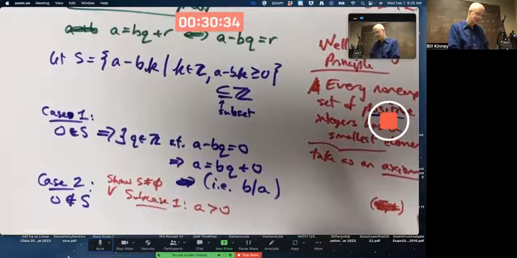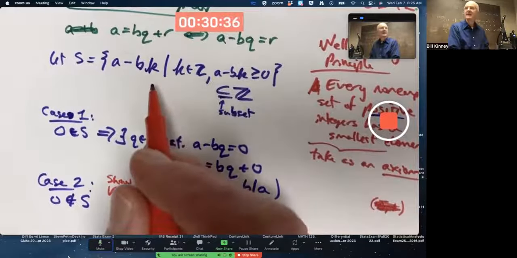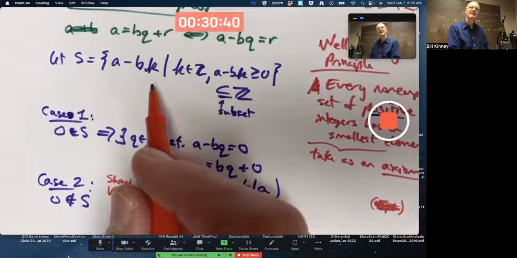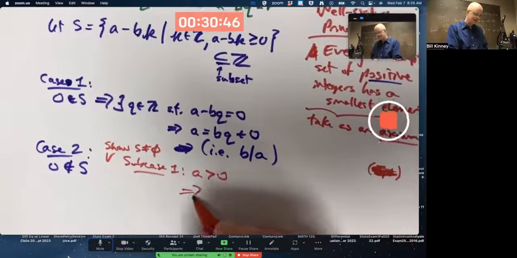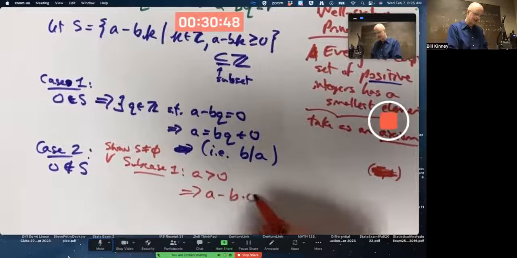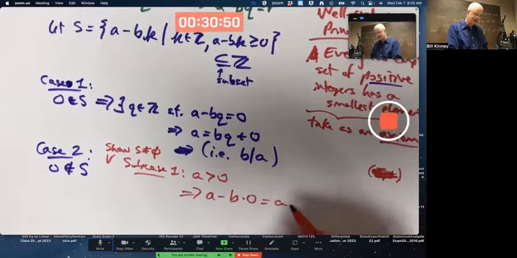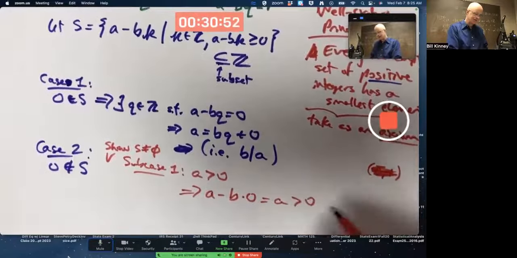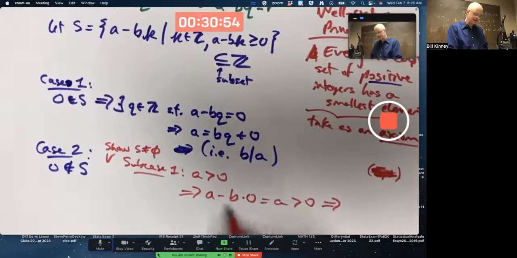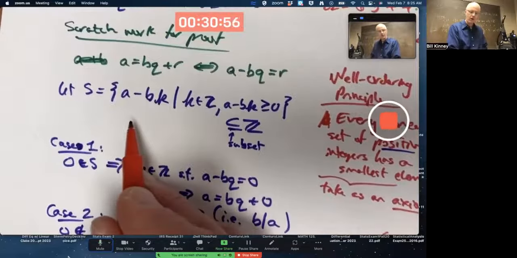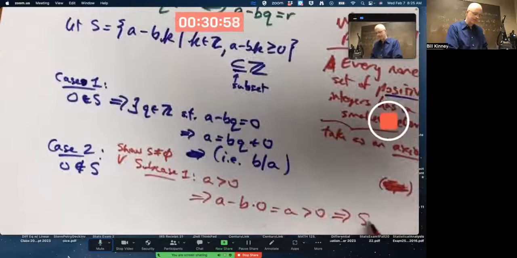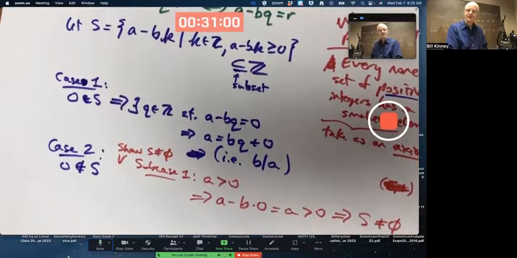I guess if A is positive, you can just take K to be 0. I don't think that's the way the author does it, but it seems like you could do that. That means A minus B times 0 is A, which is positive. That's going to be an element in S because it's of the right form. That's going to be enough to imply S is not empty.